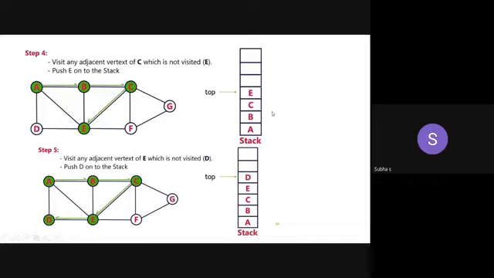What's the next thing you have to do? Find any adjacent vertex of E. Any one adjacent vertex only. That is the important difference between BFS and DFS. Visit any adjacent vertex of E which is not visited. Actually, how many nodes are adjacent to E? 1, 2, 3, 4, 5. 5 nodes are adjacent.